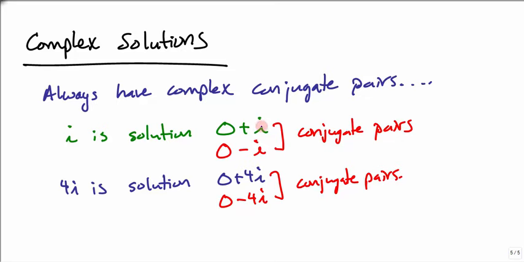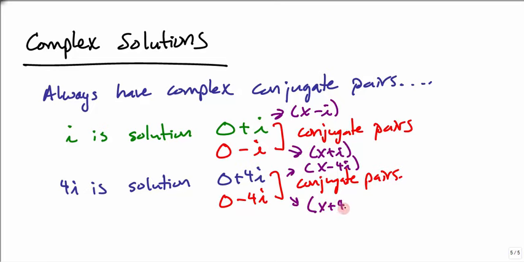In this particular case, if plus i is a root, that would mean the factor that it came from was x minus i. Over here, if negative i is a root, x plus i would be the factor that it came from. Same thing here: x minus 4i was the factor that the root 4i came from. x plus 4i is the factor that the root negative 4i came from.